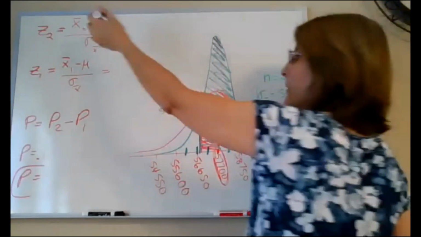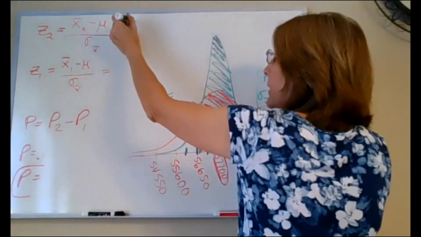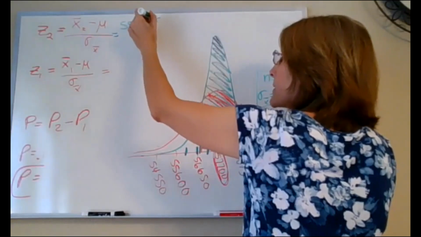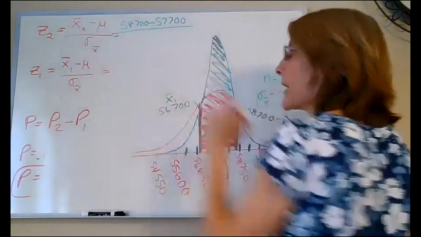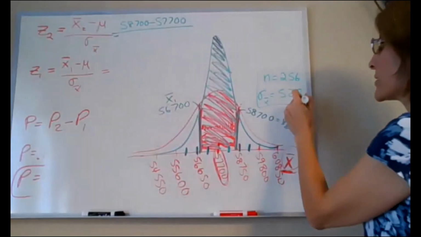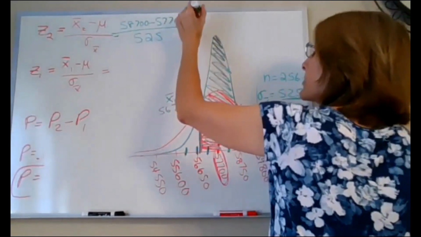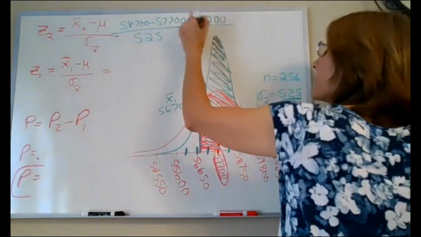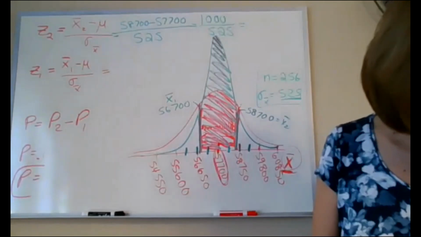So for x2 we're doing, again, 58,700 minus the mean. The difference is now we're dividing by the new standard deviation, this 525. So now it's going to be 1,000 divided by 525, which equals 1 point something.